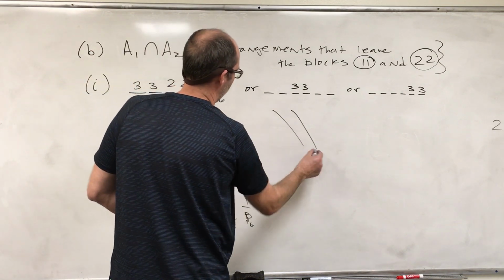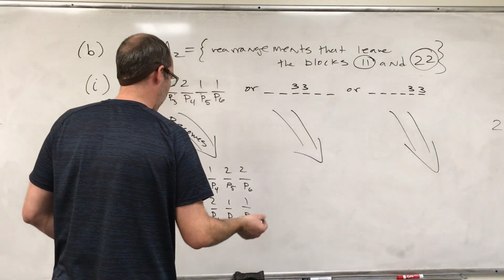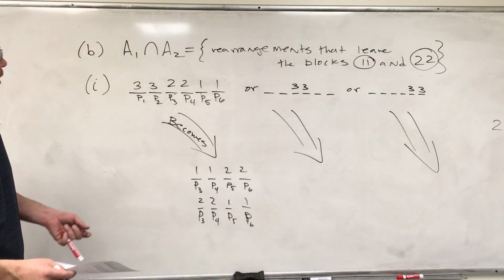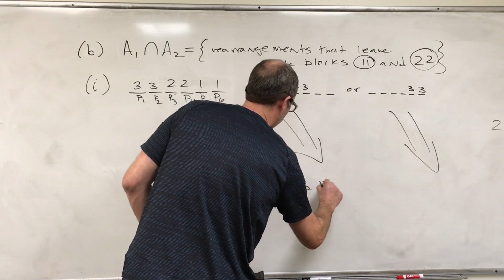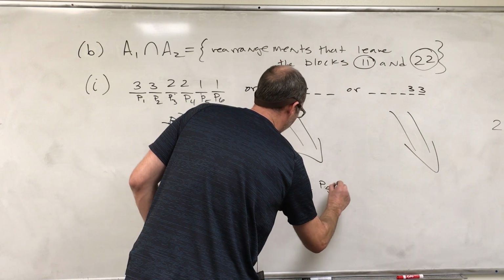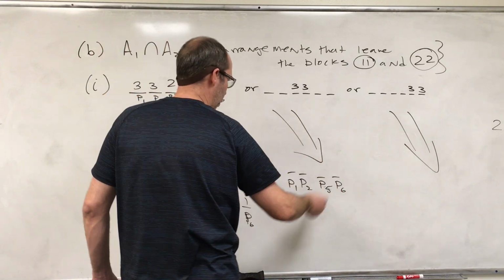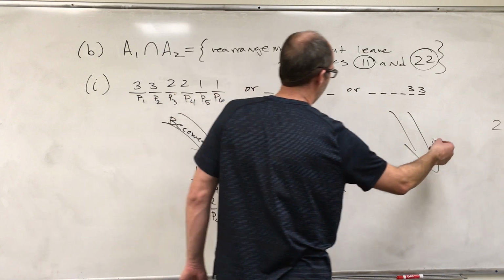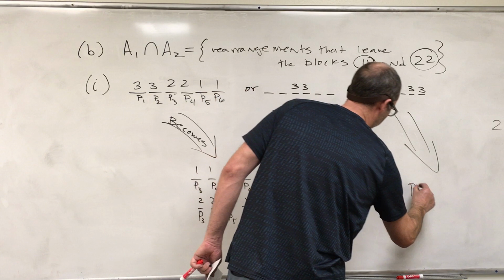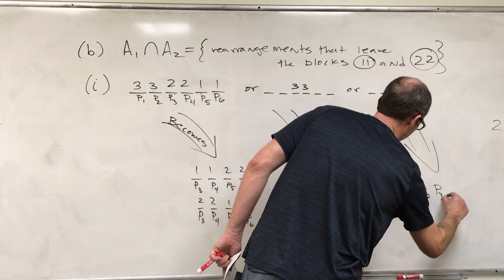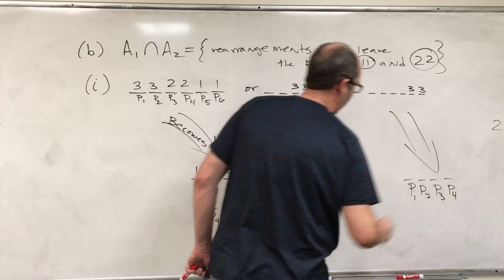Same thing: in this one you would have P1, P2, P5, P6, and you could do 1, 1, 2, 2, or 2, 2, 1, 1. The same thing here: you'd have P1, P2, P3, P4, with 1, 1, 2, 2, or 2, 2, 1, 1.